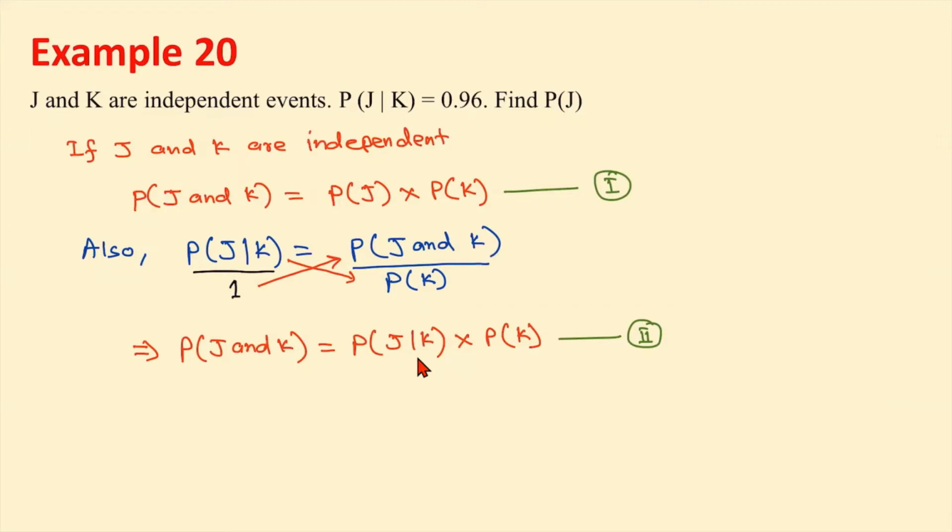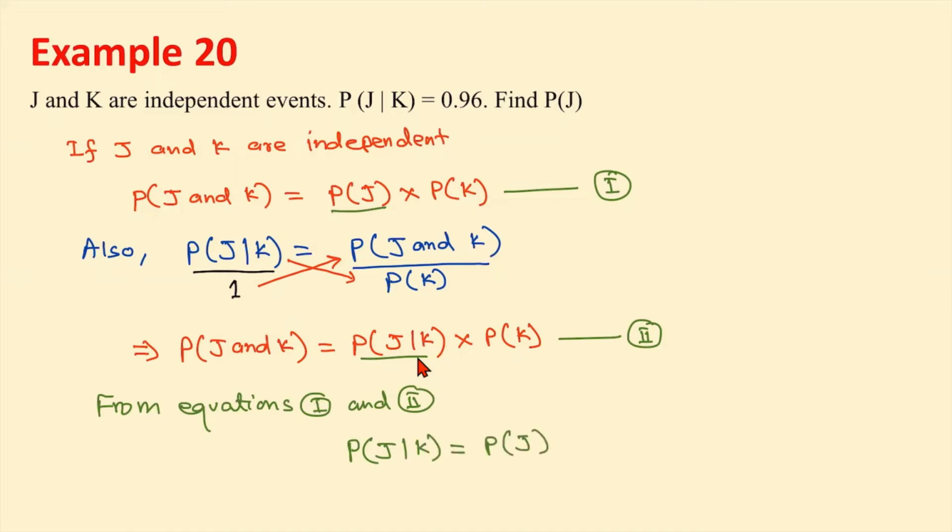So we can write from equations 1 and 2, we can say this part and this part are equal. That is, probability of J given K is equal to probability of J. So that means probability of J given K and probability of J are equal.